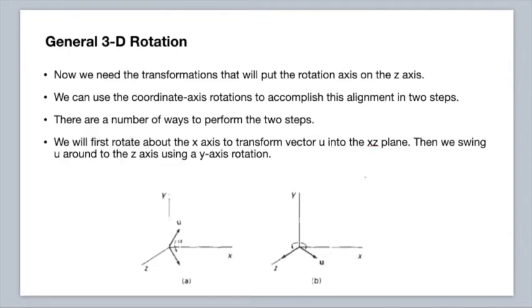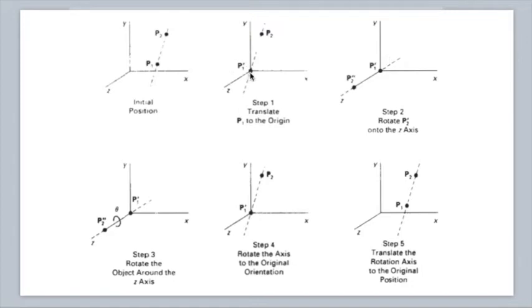Then the second step is to perform the rotation of this axis so that it aligns with one of the coordinate axes. Here in this example we have rotated this rotation axis P1 dash P2 to the Z axis.